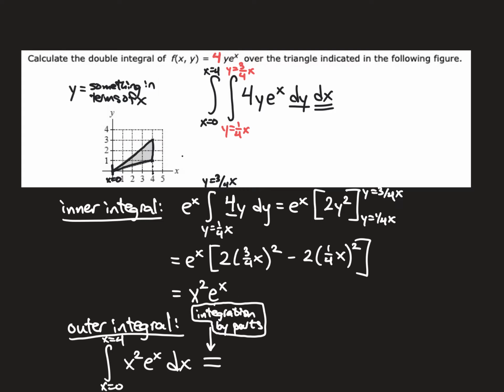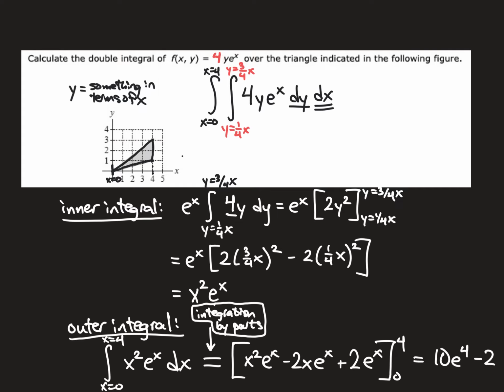Okay, so if you do that 2 times, what you find is that the antiderivative of x squared e to the x is this expression here. And then if you evaluate this at 4 and subtract this expression also evaluated at 0, well, what you'll find is 10 e to the 4th power minus 2.